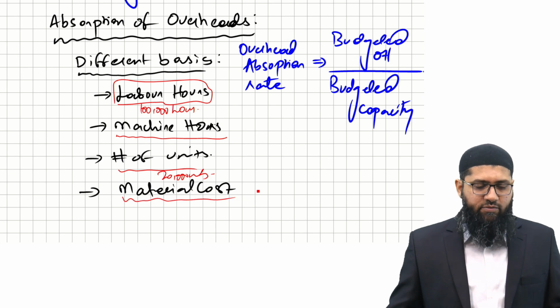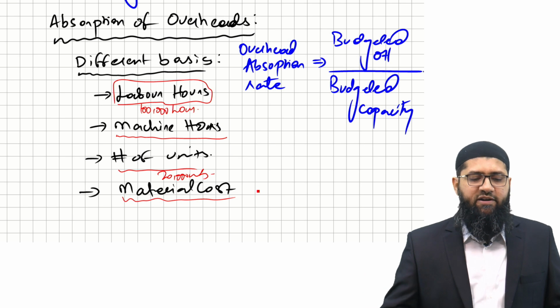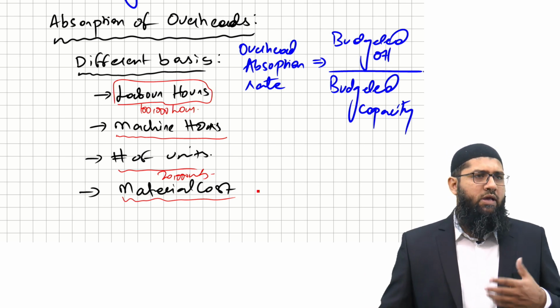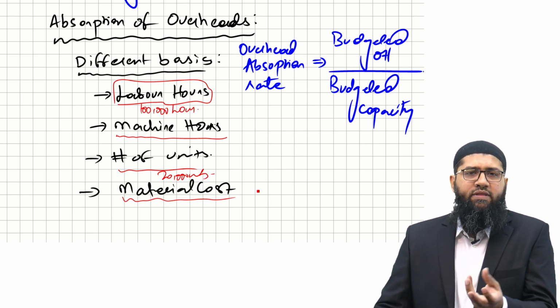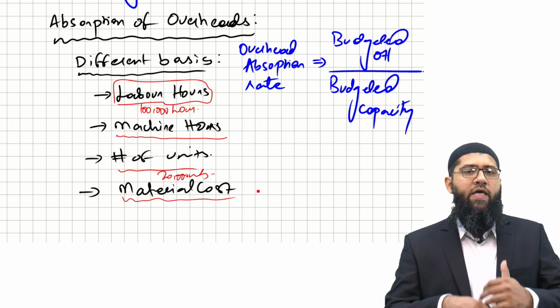And lastly, at times you could have the overheads being absorbed on the basis of material costs. Like you could say, what is the amount of material that's being used? We are going to absorb the overhead on that basis. So there could be multiple things.